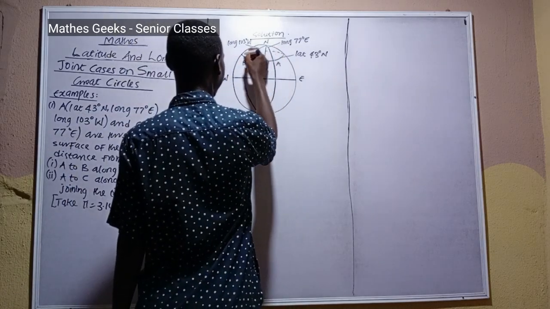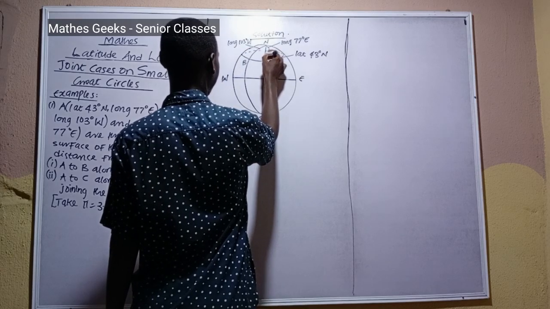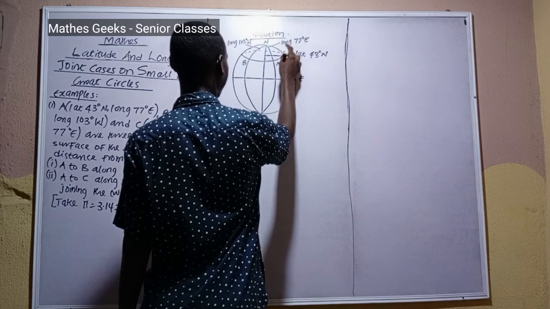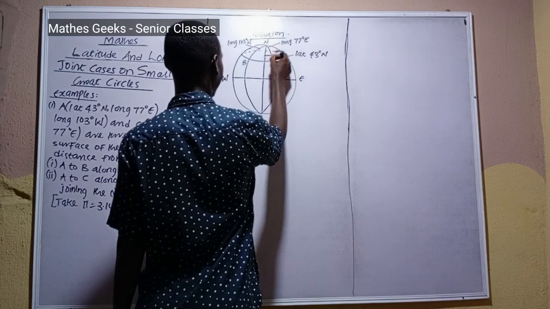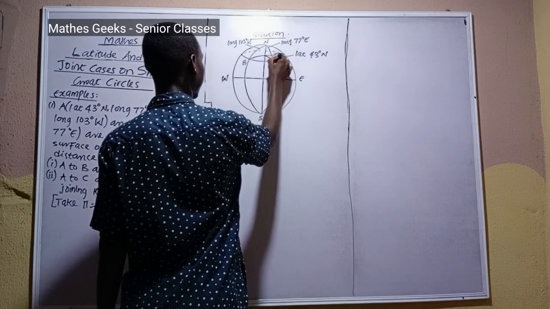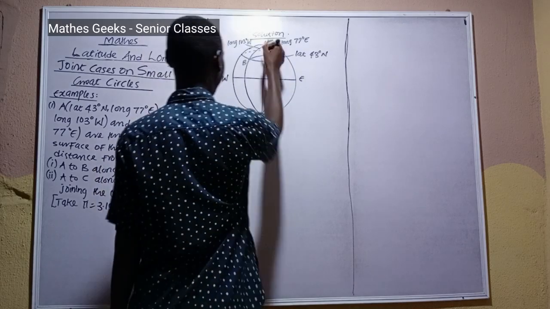So this is the center of the latitude and small circle. The radius of the small circle. Okay, so connect the 2 points A, B. Let's call this the center.